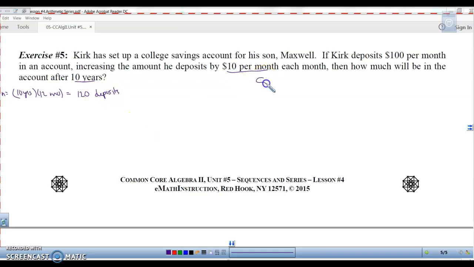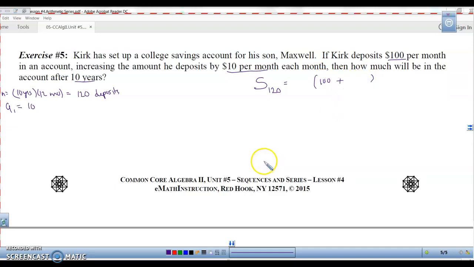If we are doing the summation of all those deposits, it's going to be S of 120. So the first month, how much is in the account? A1 is going to be 100, because that's his first deposit. Oops, wrong place, didn't I? It would be over here. This would be 100.